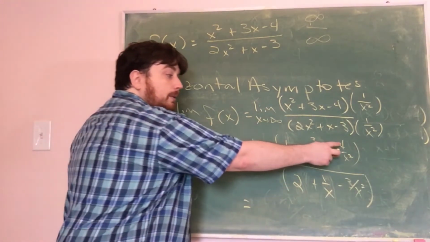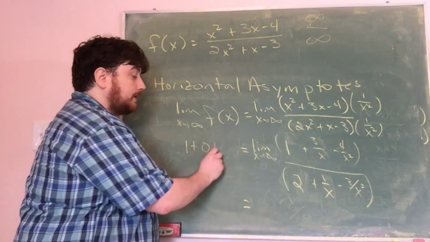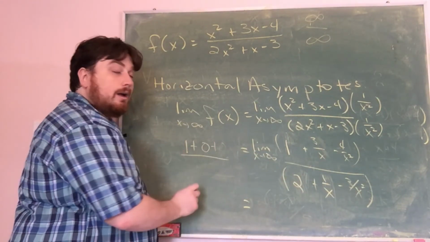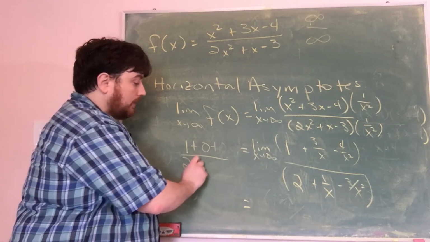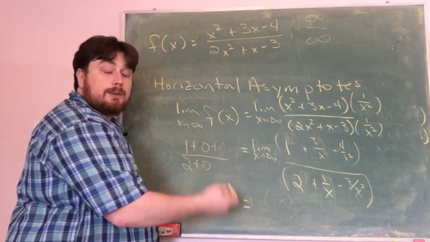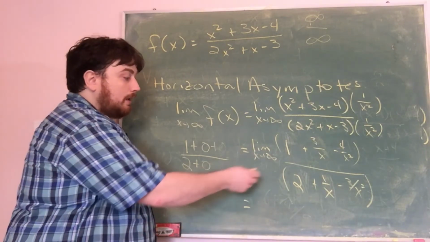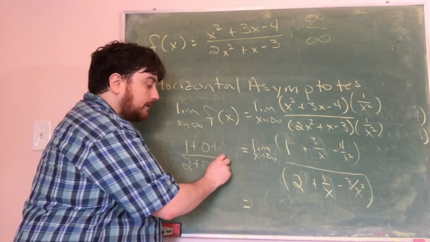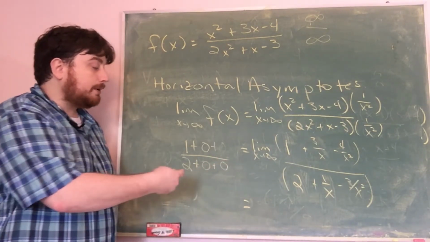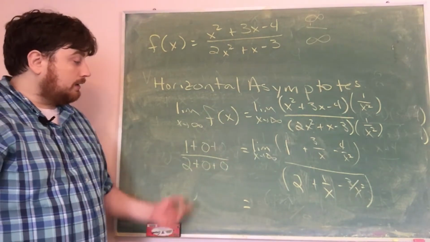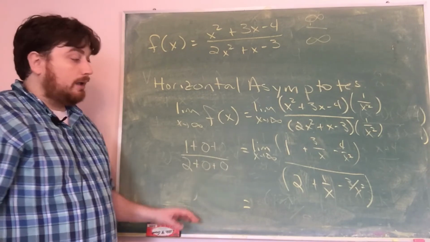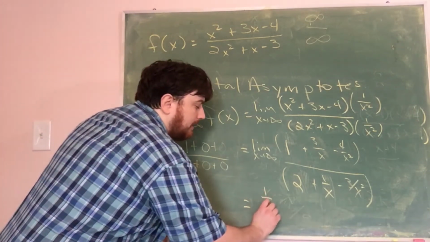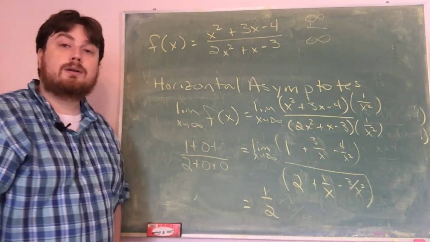And the same thing here, 4 over a large number is just going to be 0. And then on bottom, the 2 just goes to 2, plus 1 over infinity is an extremely small number, so 0. Minus 3 over infinity is going to be an extremely small number, so that's just going to be 0. So what I end up with is 1 plus 0 over 2 plus 0. And so I get that this limit is indeed going to be 1/2.